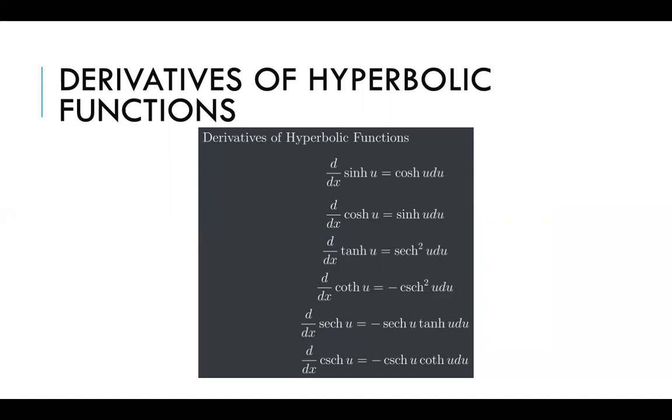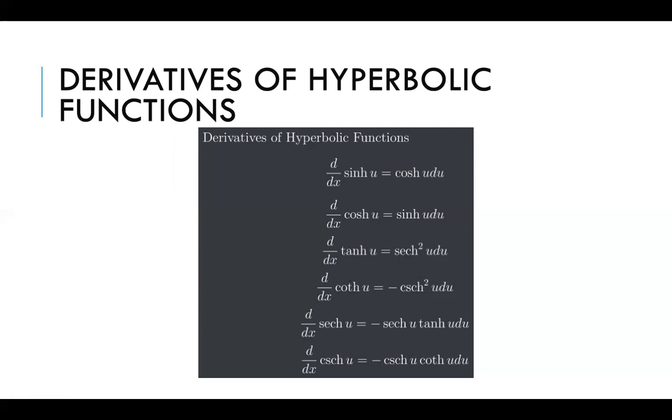Hyperbolic tangent's derivative is the square of hyperbolic secant, which is pretty much like the derivative of trigonometric tangent. The same goes for hyperbolic cotangent. It is identical to the derivative of normal cotangent, which is hyperbolic cosecant squared but negative.